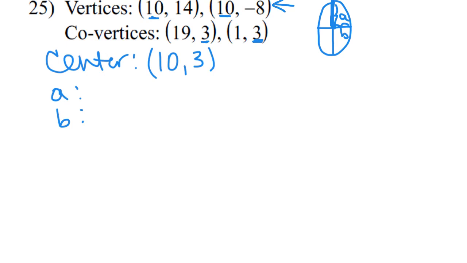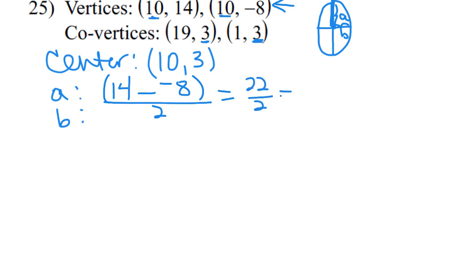So if you remember how we did that before, we took the value for 14 and subtracted the value for the other point. So in this case, we are going to have to add. So 14 plus 8 gives me 22, divided by 2 equals 11. So I know my A value is 11. I'm going to do the same thing for B.